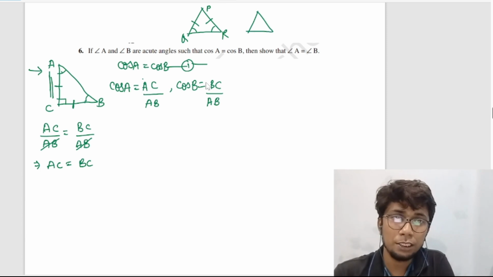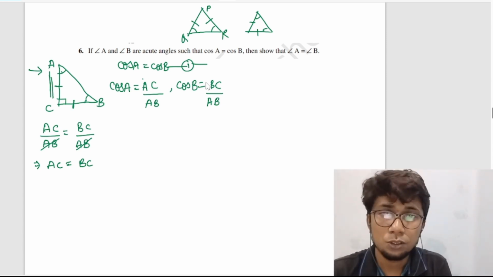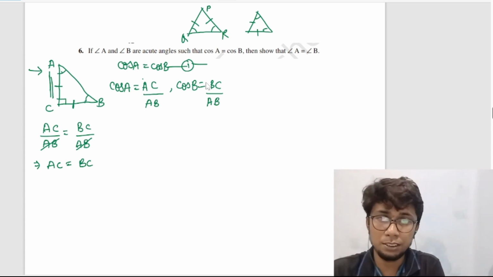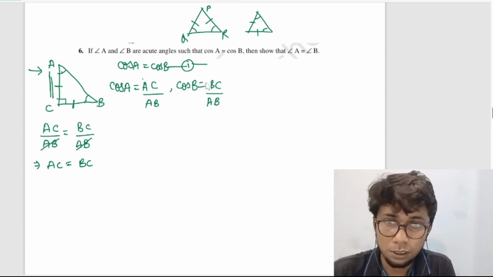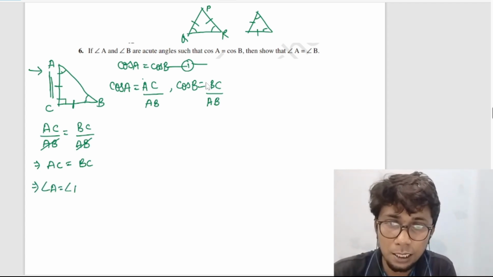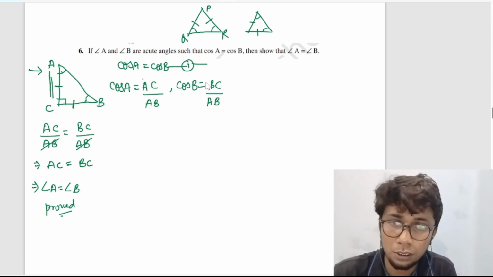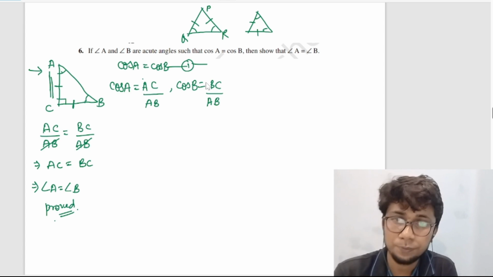Similarly, if in any triangle these sides are equal, then the angles opposite to them will be equal. Here we have proved that AC is equal to BC. So this clearly means angle A is equal to angle B, and this is what we had to prove. So it is proved.